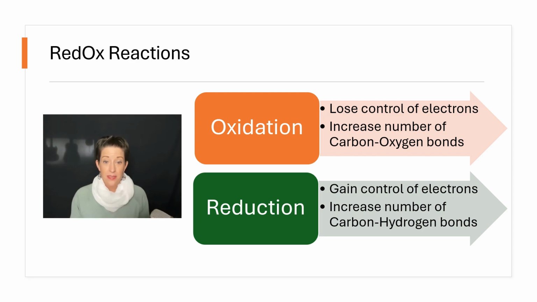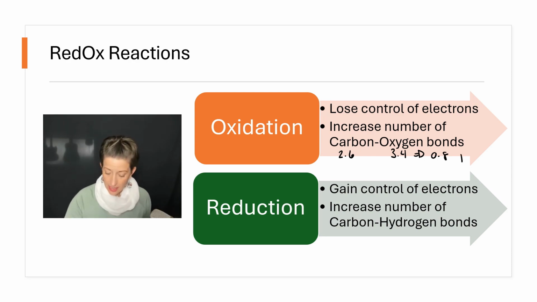So in the process of oxidation, carbon is losing control over the electrons in a bond between carbon and oxygen. Carbon has an electronegativity value of 2.6 and oxygen has a 3.4. That difference is 0.8.